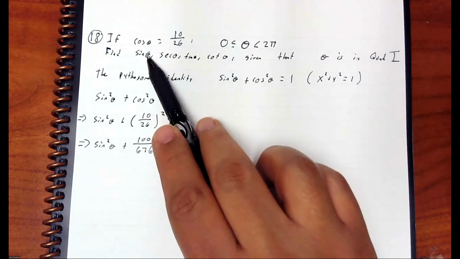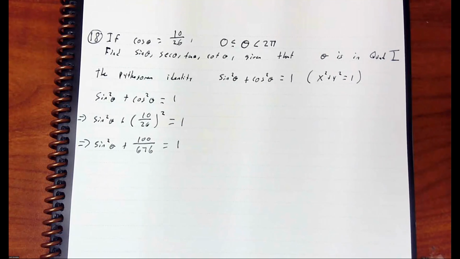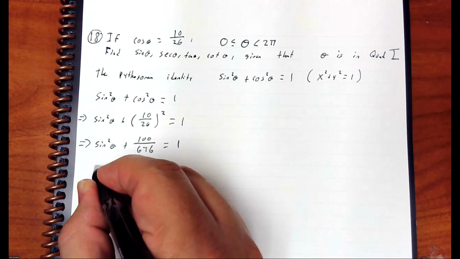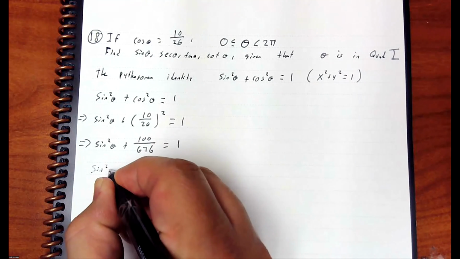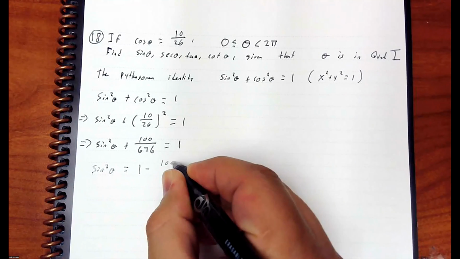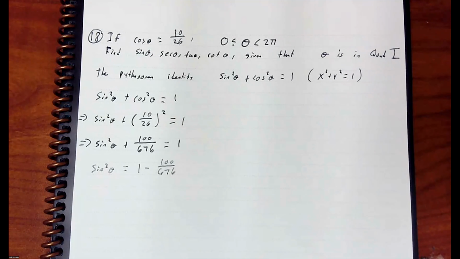Once you have sine and cosine, you can find the rest, right? They should come right out. So this is the only hard part. Subtract this over here, so you get 1 minus 100 over 676. I skipped a minor step, right?